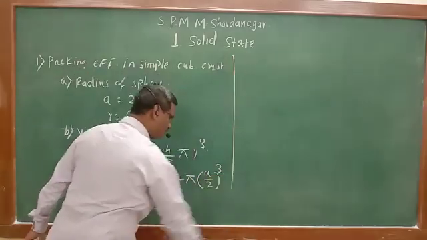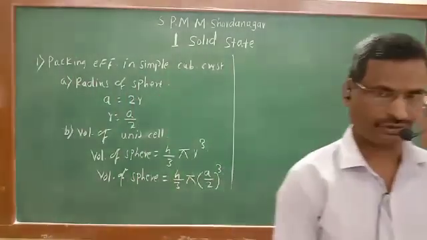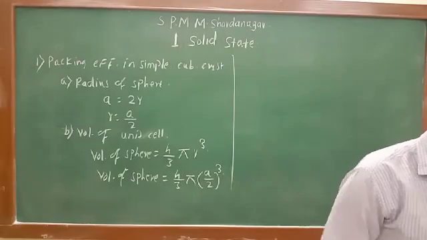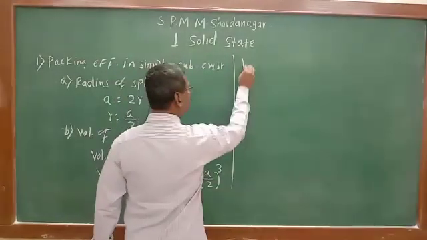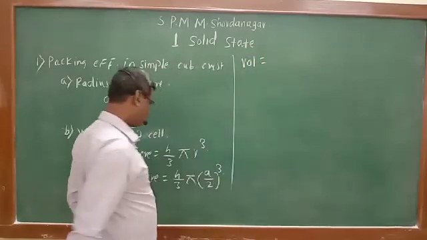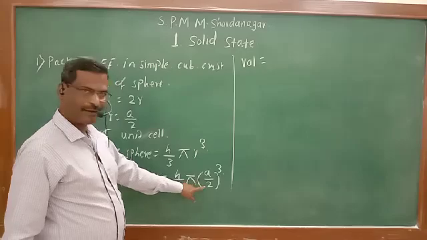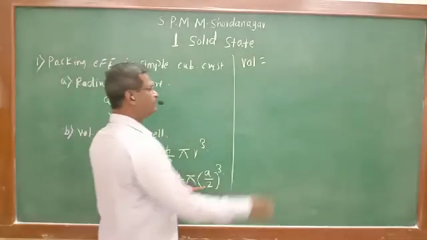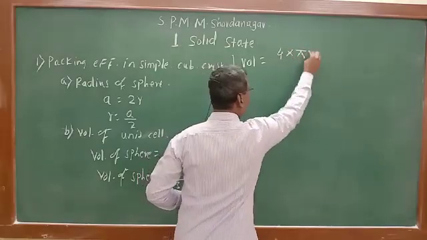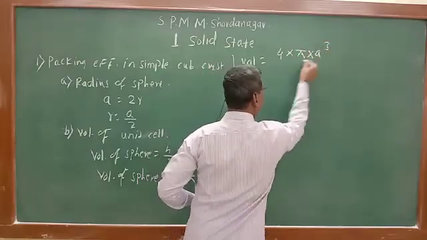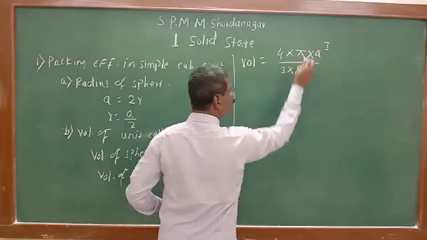On solving that, we will get the volume. It is 4/3 pi a cube divided by 2 raised to 3, means 4 multiplied by pi multiplied by a cube divided by 3 into 8.